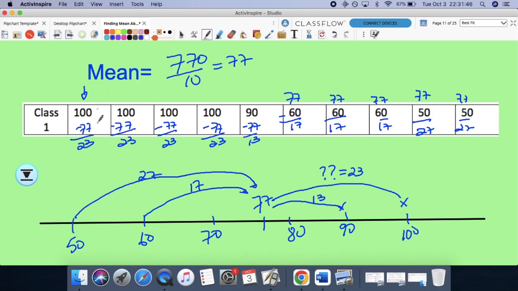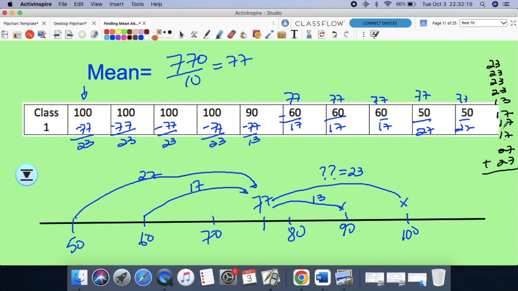Now, what do I do with all these distances? Well, we have to add them. So I'm going to take these numbers and put them over here: 23, 23, 23, 23, 13, 17, 17, 17, 27, 27.